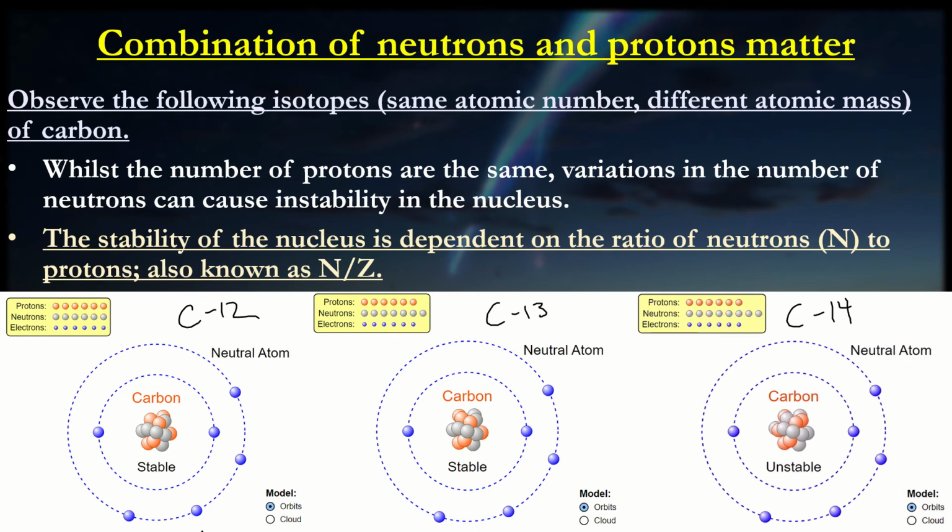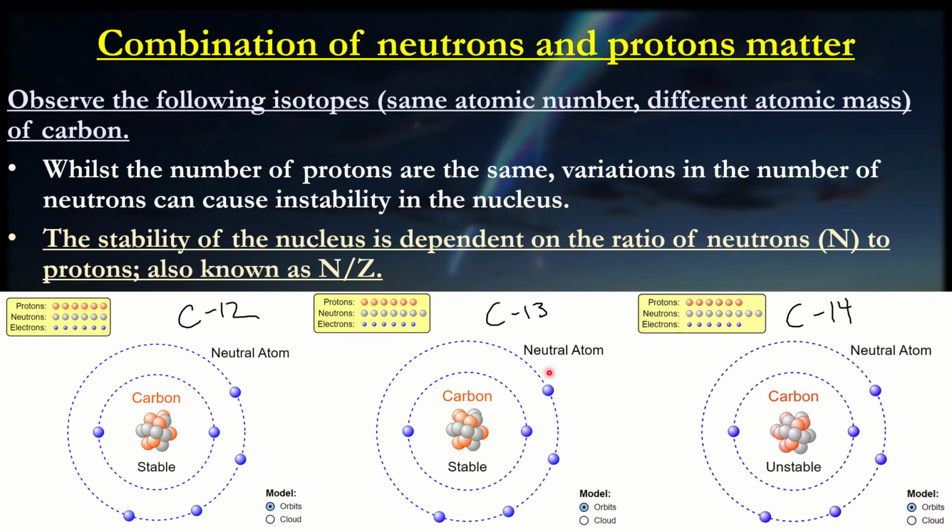For those who have forgotten what an isotope is, an isotope is an atom with the same number of protons. You can see how each of these have the same number of protons, but they have a different atomic mass, in this case a different number of neutrons. So these are the ones that we know of, carbon-12, 13, 14.